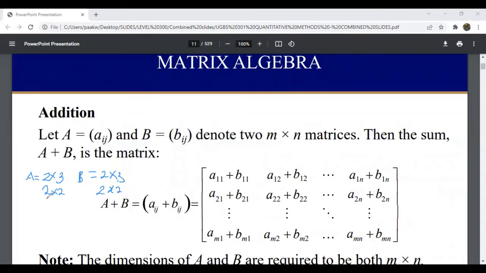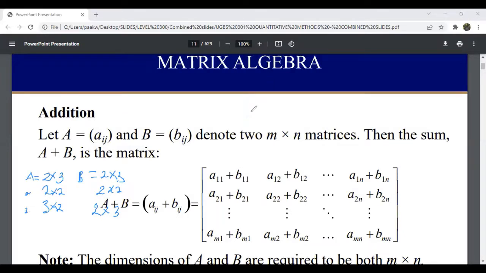Now, take note, if A is 3 by 2 and B is 2 by 3, can we add this one? The third one, 3 by 2 and 2 by 3, can we add them? No. Why?